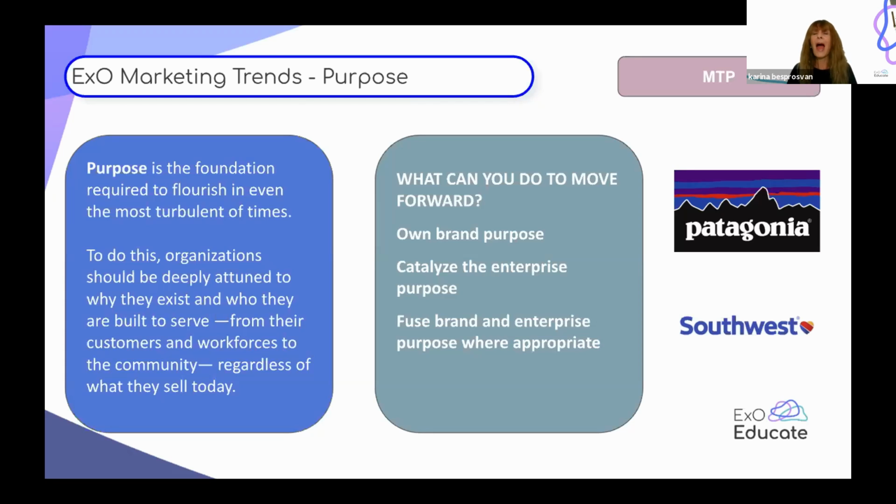And when you think about that, think not only about your customer from today, but everybody, all the relationships that you have: your employees, your partners, and the rest of the community where your business is located.